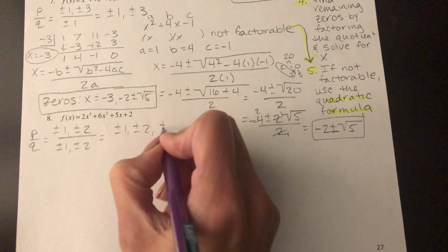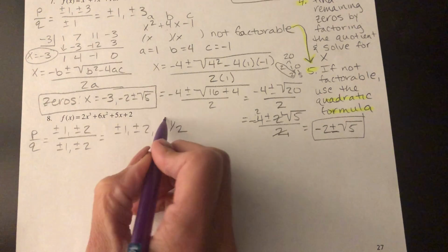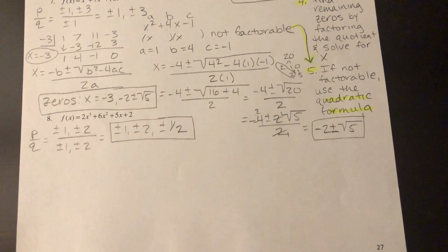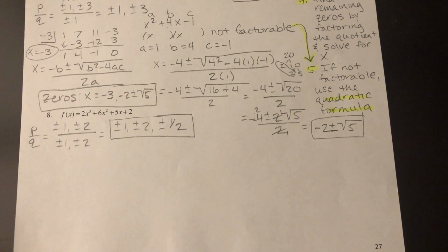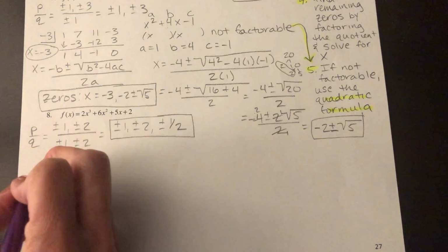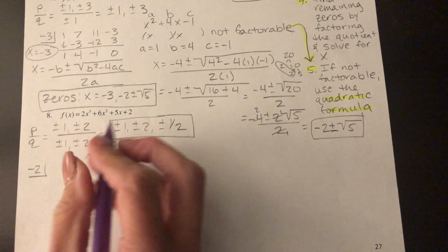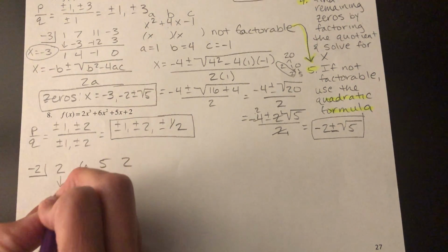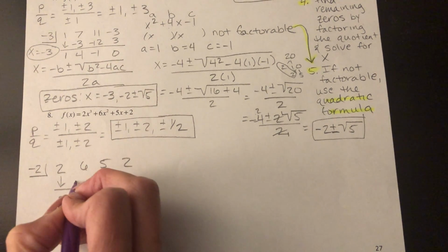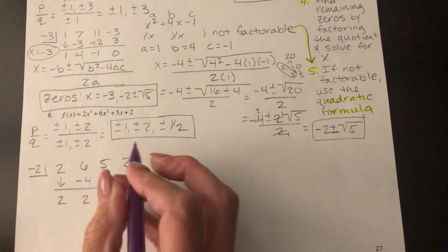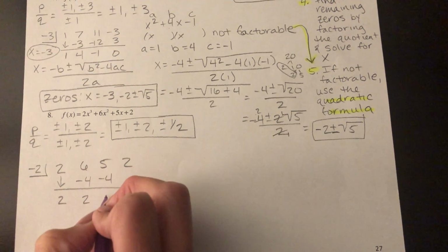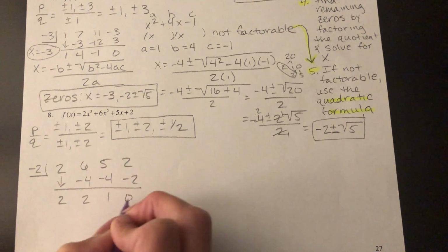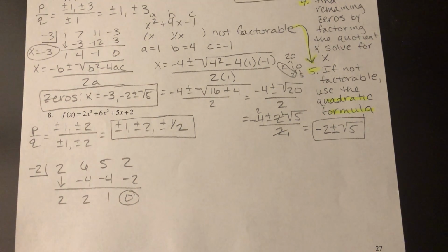One half. All right, those are your possibilities. Then we're going to start our testing process, and we'll finally come to -2. And that gives us our 0 remainder.